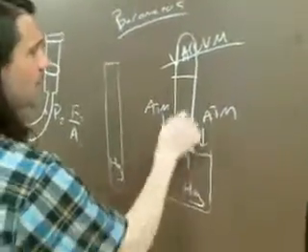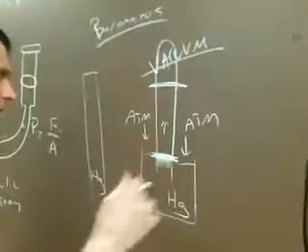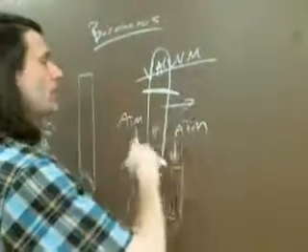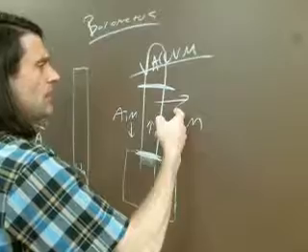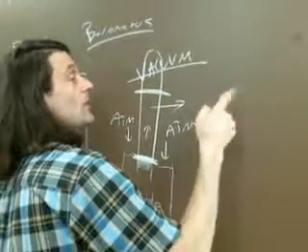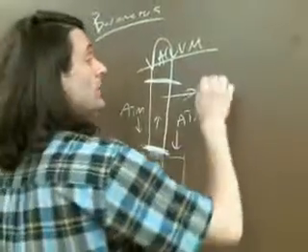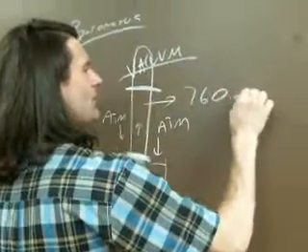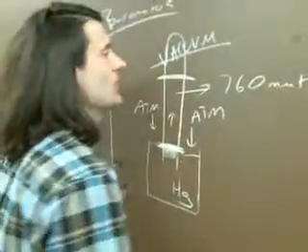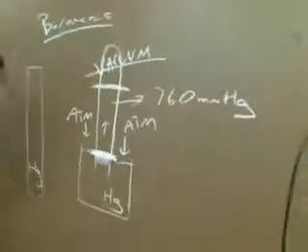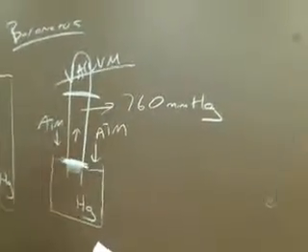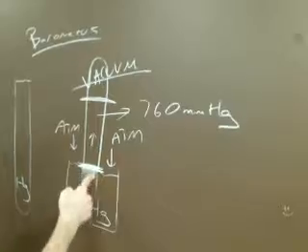So the height from here to here, you guys all know what the atmosphere can push up, in millimeters of mercury: 760 mm Hg.